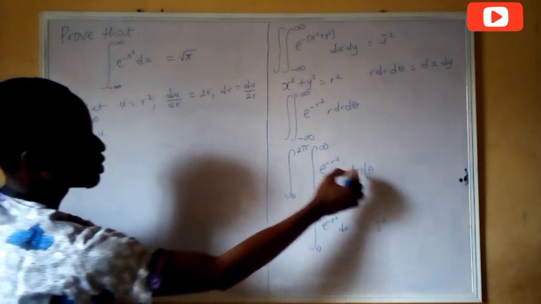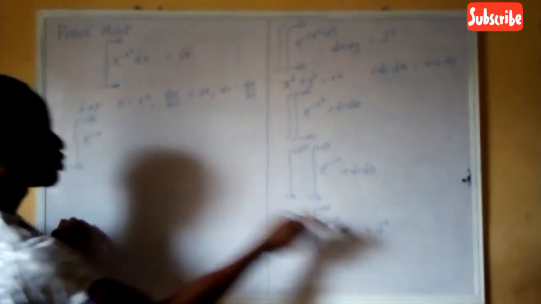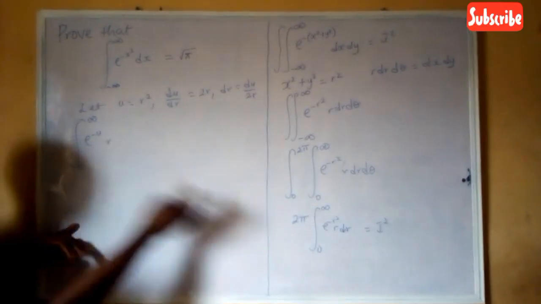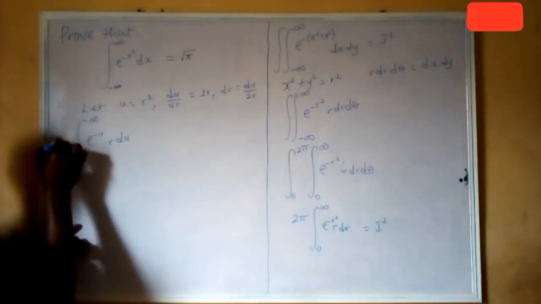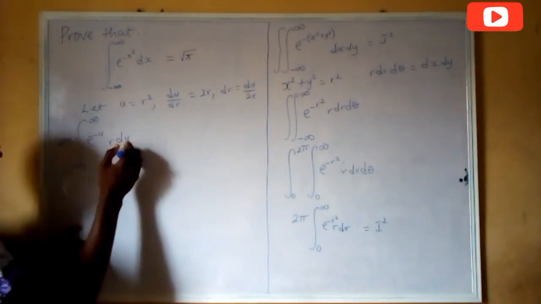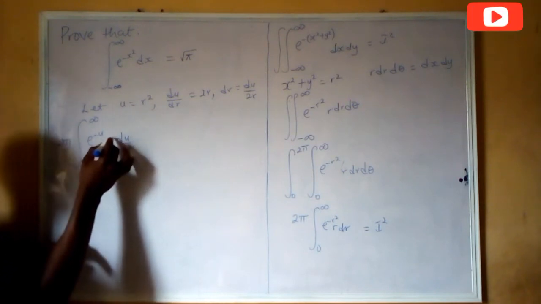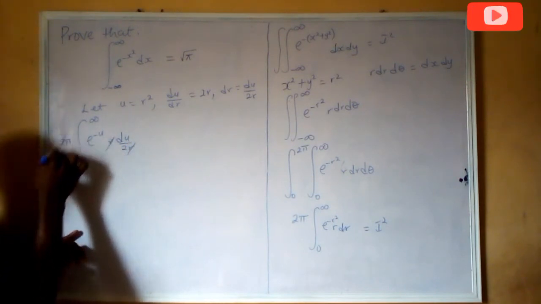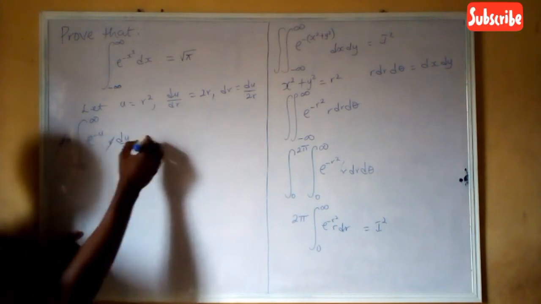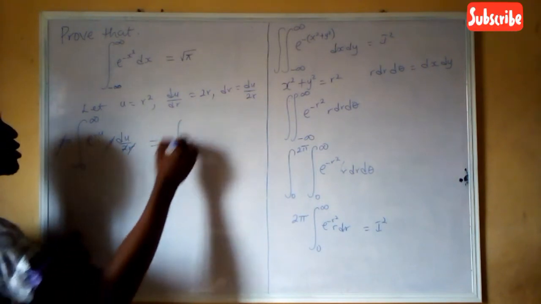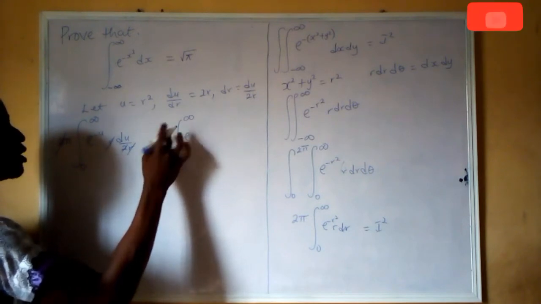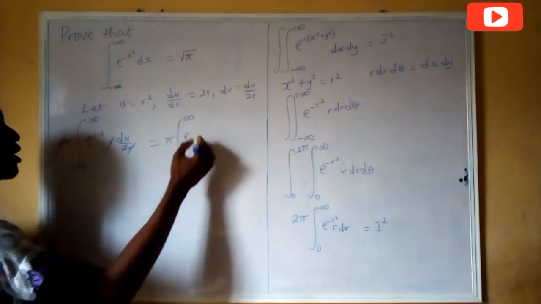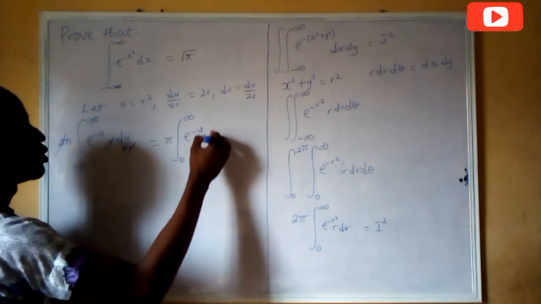Don't forget, I omitted the r. The r cancels with the du over 2r, and the 2 cancels with the 2 pi, so the integral becomes pi times the integral from 0 to infinity of e raised to the power minus u du.